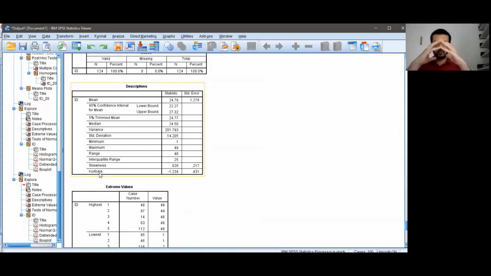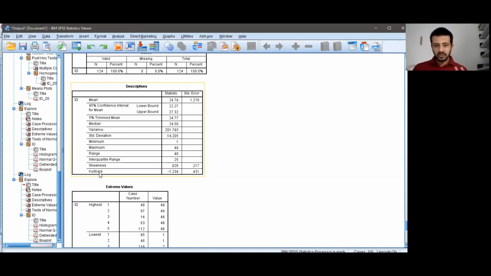If I have a normal distribution and it goes to one side and is low on the other side, then I have skewness. If I have a normal distribution that is more tight or more flat, this is kurtosis.